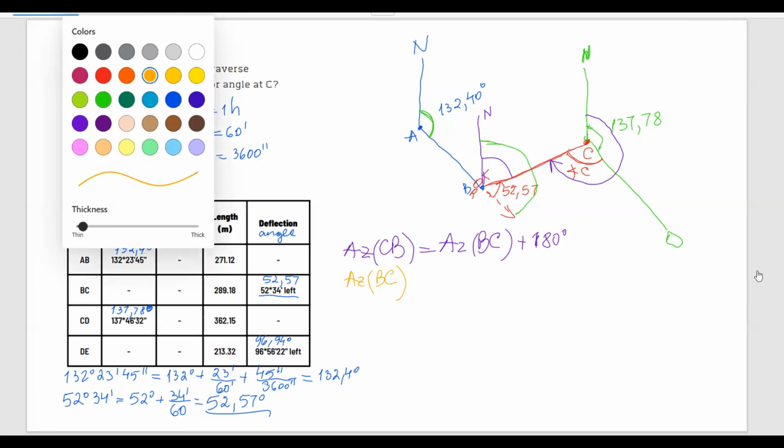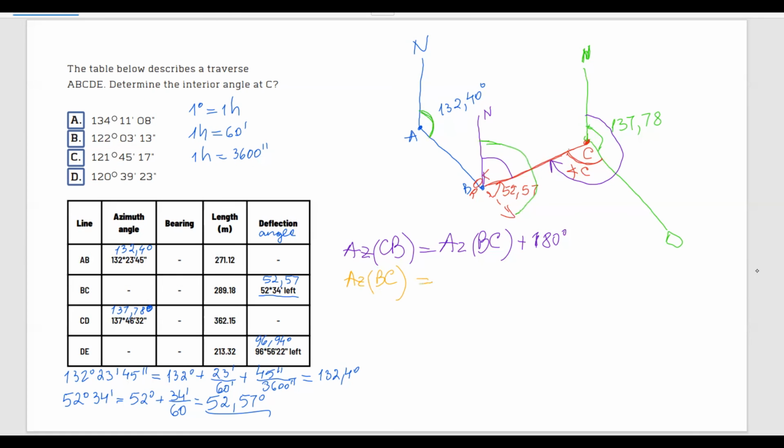So the azimuth of BC is going to be equal to the azimuth of AB minus 52.57 degrees. And this equals 132.40 degrees minus 52.57 degrees.